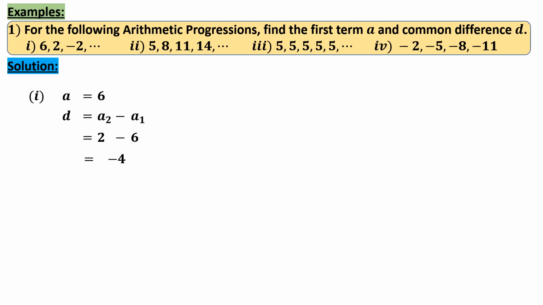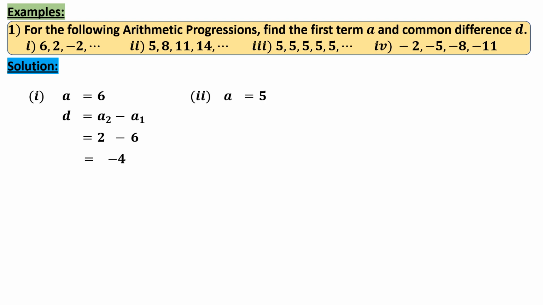Note that the arithmetic progression is in descending order. The numbers 6, 2, minus 2, etc. are in decreasing order.